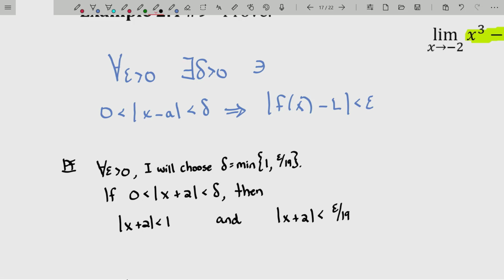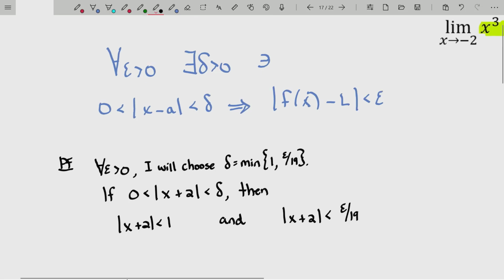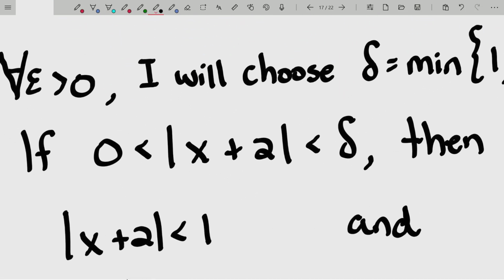Somebody in the jury box stands up and they say, no, because it could actually equal 1 or it could actually equal epsilon over 19. And I say, yeah, that is true. Delta could actually equal 1 or epsilon over 19, the smaller of those two. However, the absolute value, good sir, who's just yelled at me in the middle of a courtroom like a jerk, the absolute value is strictly less than delta.